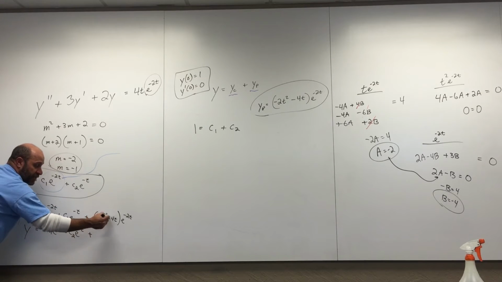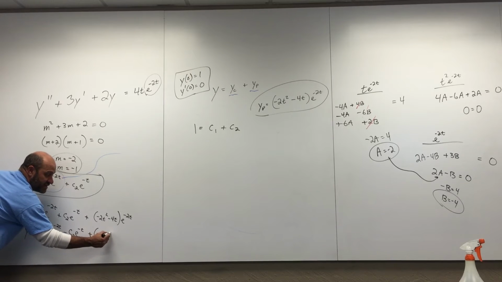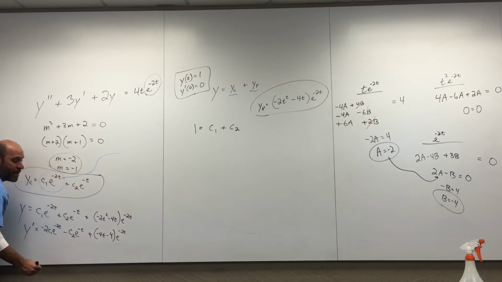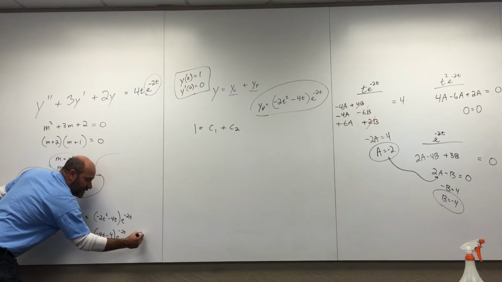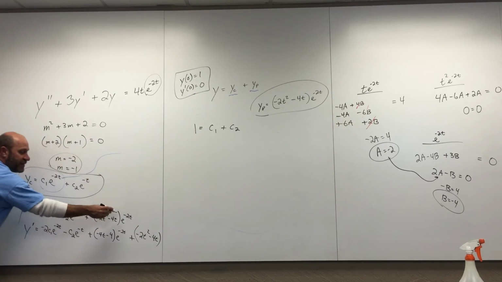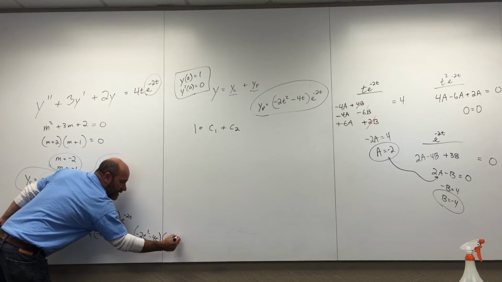The derivative of the first, negative 4t minus 4, times e to the negative 2t, plus negative 2t squared minus 4t, and then I need the derivative of that e, which would be negative 2 e to the negative 2t.